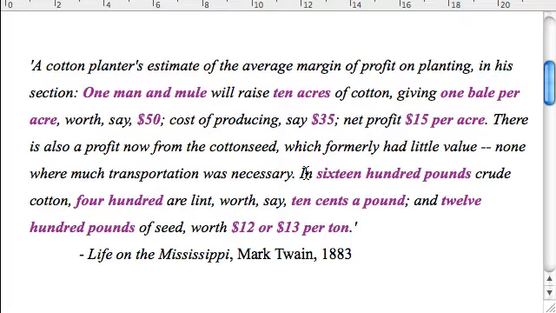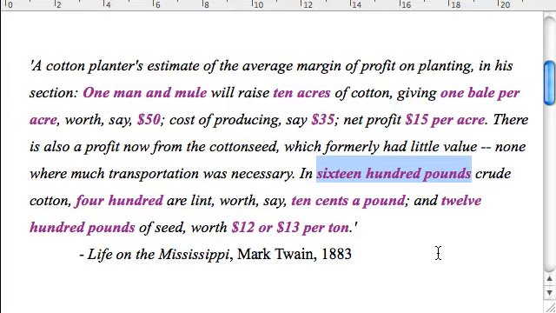Now, let's first look at this situation here where we've got pounds of seed, and then we give its value in dollars per ton after using cents per pound on the value of lint, meaning ginned cotton. And then we have the problem of the 1,600 pounds. Where did Twain get this number?